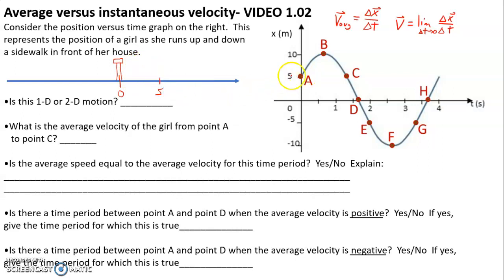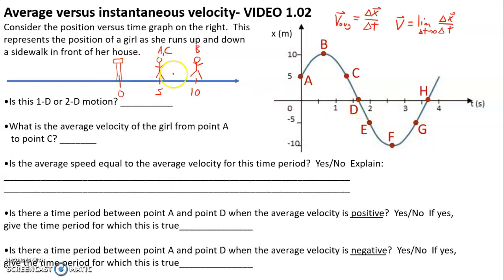Okay, so there's where her mailbox is, but she doesn't start at 0. She starts off at point A, standing about 5 meters away. She proceeds to move until she's about 10 meters away, maybe a little bit more. We'll just call it 10 meters. And that's at point B. Then, by point C, she's back to where she started.